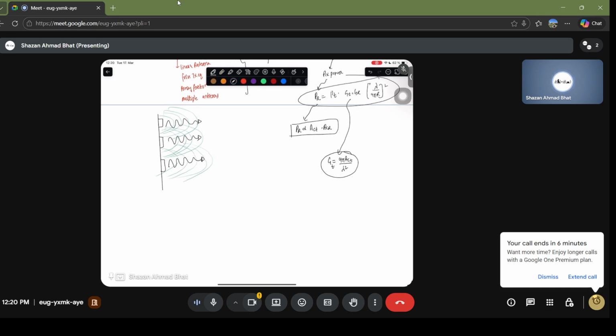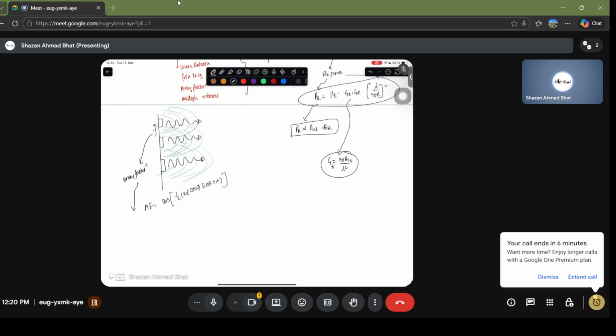And then you talked about something called an array factor. What this array factor was, you found it to be equivalent to cos of half of kd cos phi sine theta plus alpha.